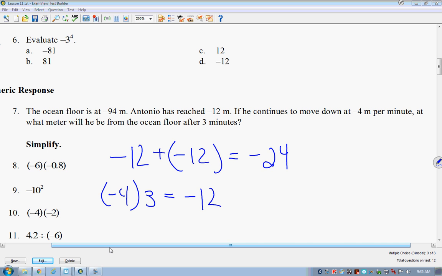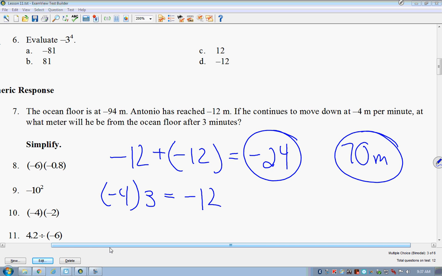The question, though, and this is weird how it's worded, is basically how many meters is he going to be from the ocean floor? How far away? Okay, but we did need to find, he's negative 24 meters down. The ocean floor is negative 94. So how many meters is he away from the bottom? 70. He's 70 meters away from the bottom.